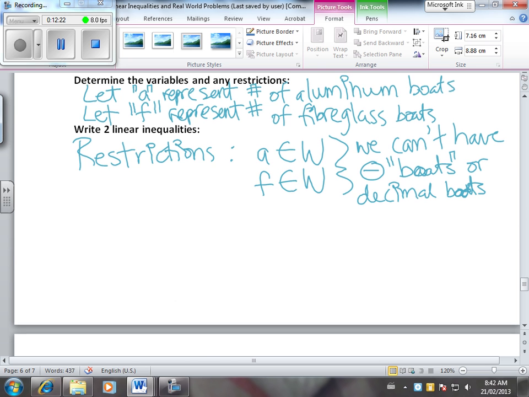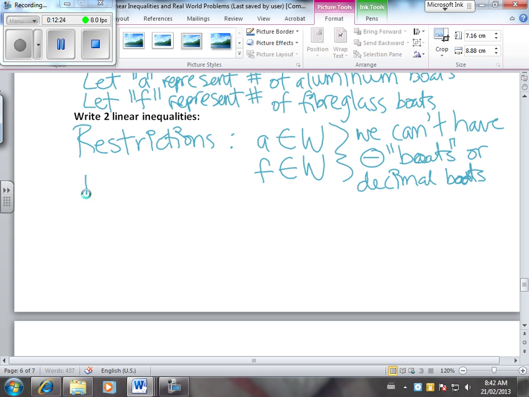So then let's write our restrictions. Restriction 1 is that they make a maximum of 20 boats a day. If we have 20, what kind of inequality will we put here? Less than, greater than, less than or equal to, or greater than or equal to.